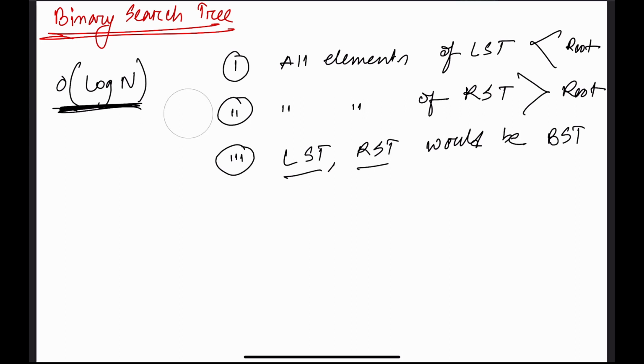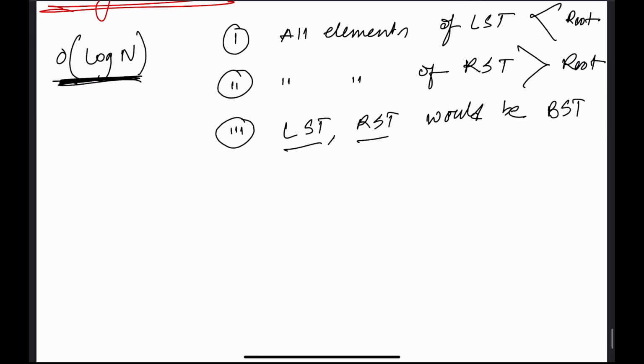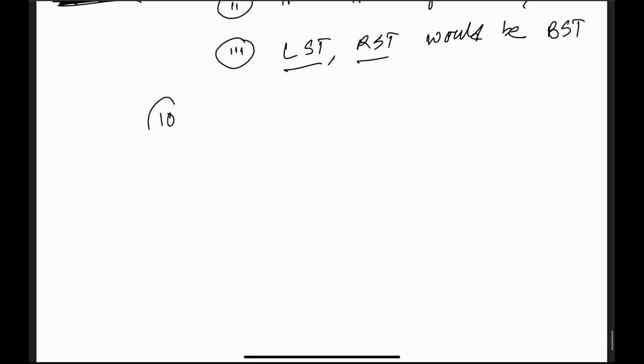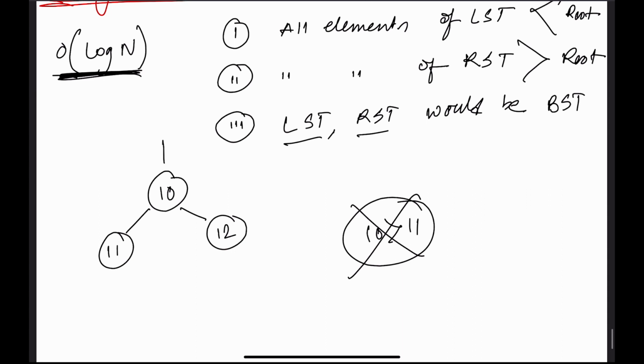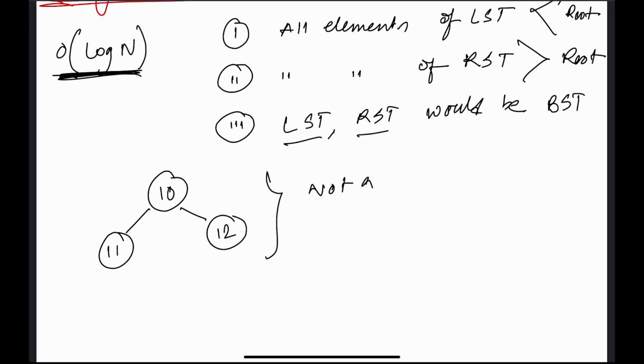That's it. Now for example, if this is 10, 11 and 12. Here 10 is not greater than 11. The root is not greater than the left element, so the first condition would be false. That means this is not a binary search tree, not a BST.